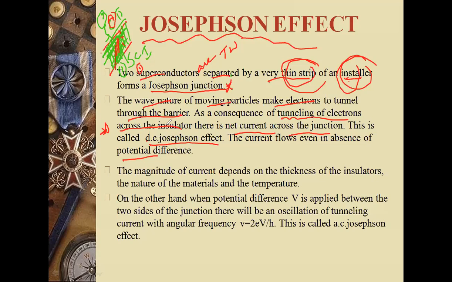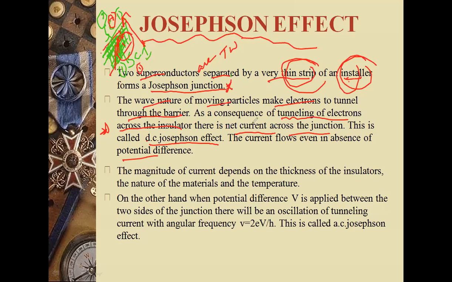So the two superconductors separated by a thin strip of insulator form a Josephson junction, and the wave nature of moving particles like electrons lets them tunnel from superconductor 1 to 2 via this junction.